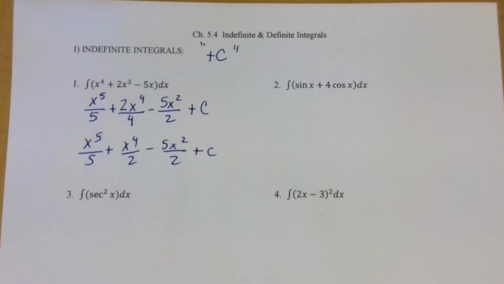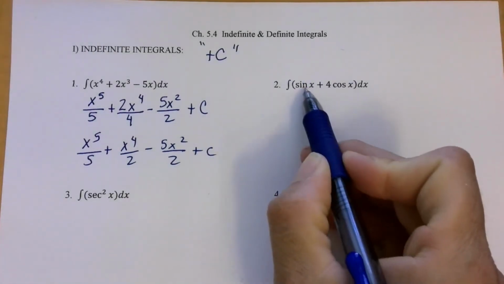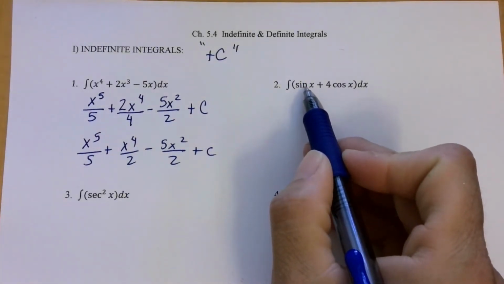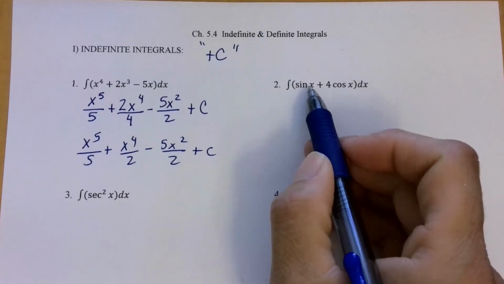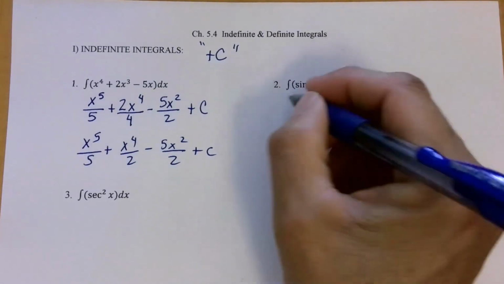Okay, and looking at example number 2, let's see if I can clean this up a little bit. There we go, a little bit sharper of an image. On example number 2, we've got some trig expressions. So for the first expression, sine is the derivative of what? It is the derivative of cosine, and we have an operation change.